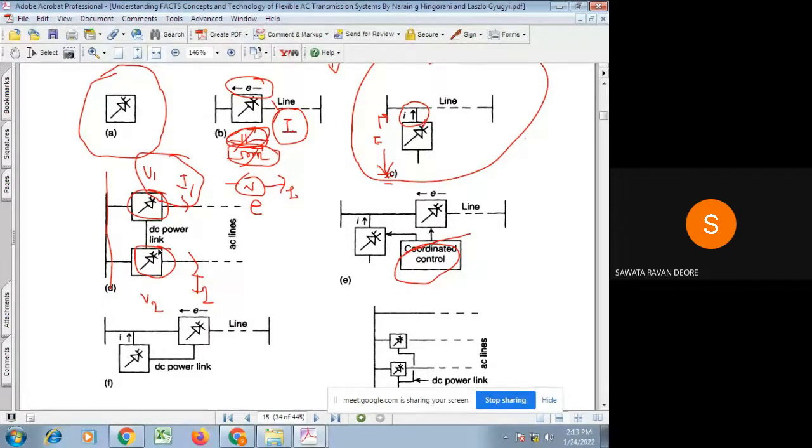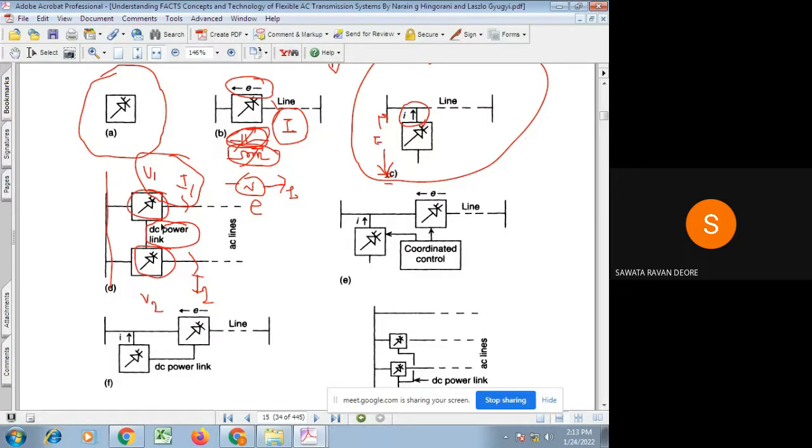But if these FACTS controllers are connected commonly by a DC link, then it is called a unified controller of that series FACTS controller.